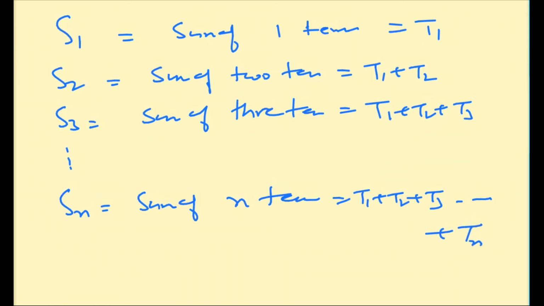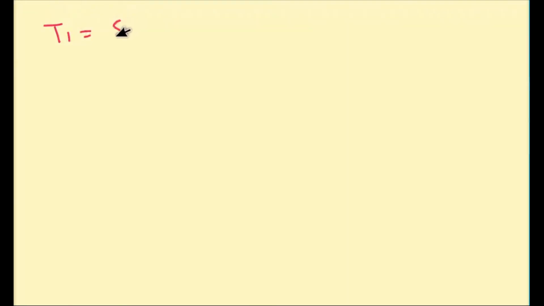Okay student, now we can see if we subtract S2 minus S1, what do we get? T1 will be cancelled, that is T2. If we subtract S3 minus S2, what do we get? T1, T2 cancel, we get T3. Okay, so this way we can write T1 equal to S1, and T2 can be written as S2 minus S1.